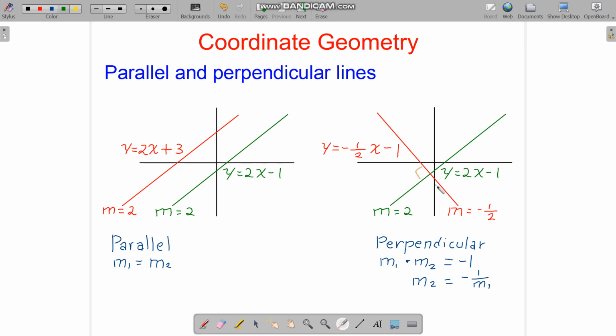So if they are perpendicular, the product of the gradients must be minus 1. If we multiply m1 times m2, we have to get minus 1, or in other words, one gradient is minus 1 over the other gradient.